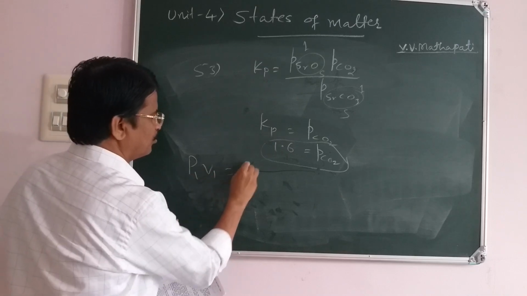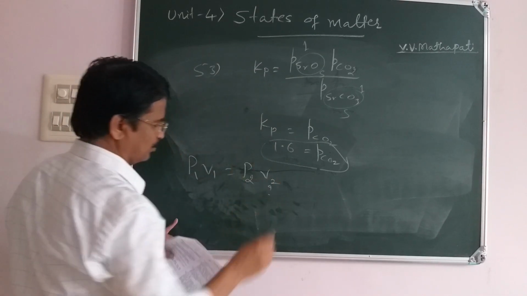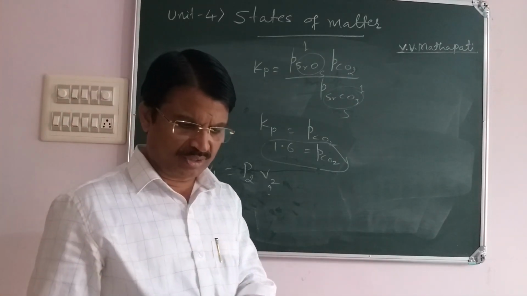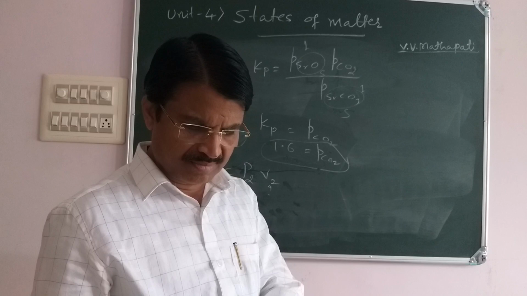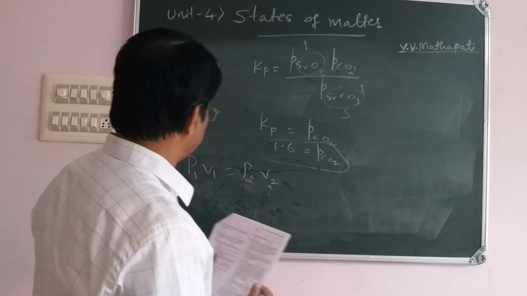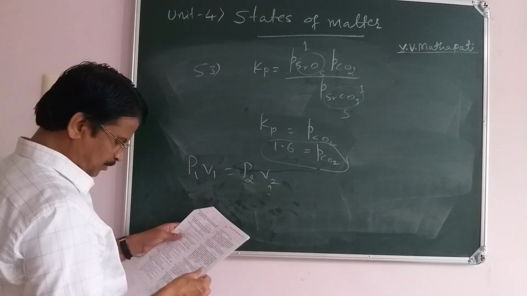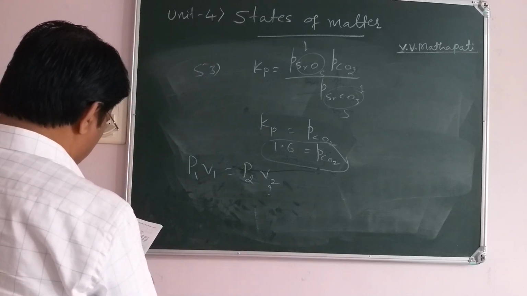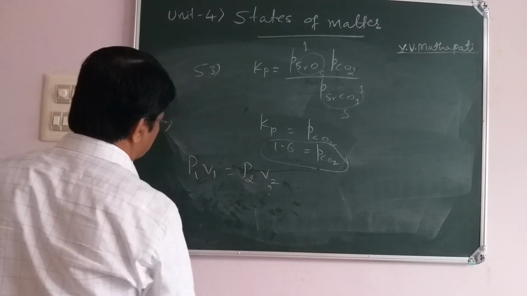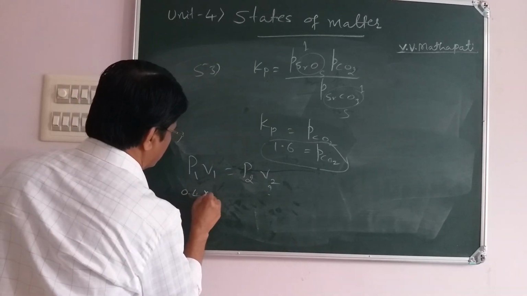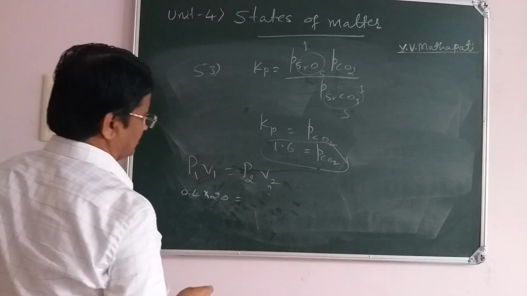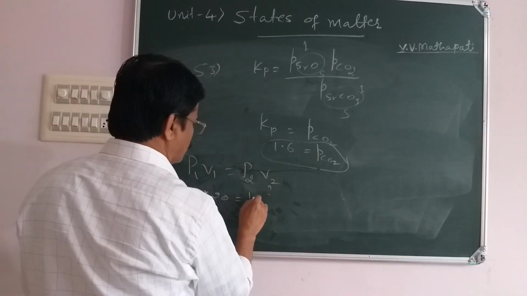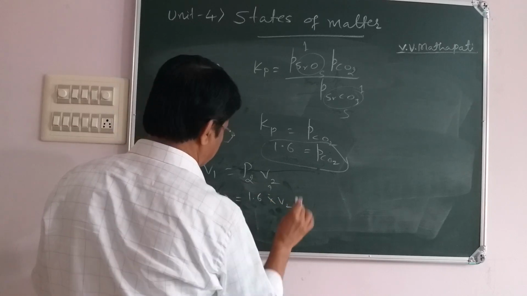P1 V1 equal to P2 V2, and find V2 because they give the values. P1 value given is 0.4 and 20, so 0.4 into 20 equal to, and P2 value 1.6 into V2.